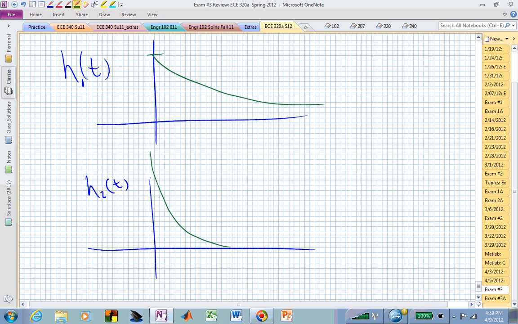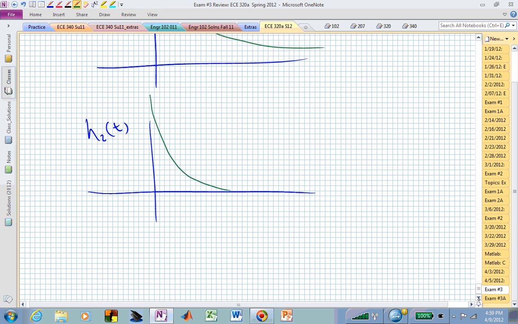H2, right? That looks more like an impulse waveform. It really accents what's happening right at 0, and it falls off rather rapidly. The ideal is to have our system have an impulse response that is the impulse response, and then whatever you put in, you're going to see exactly what you put in.